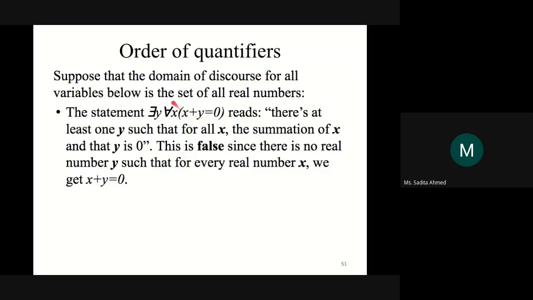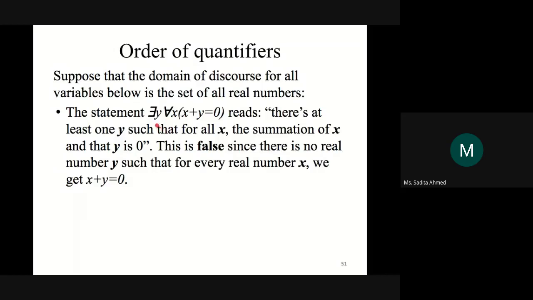However, here it says for all. Your example, x equals -1, is not going to be enough. Why? Because we have for all here. At least one y such that for that specific y, all x's will give you x plus y equal to 0. So this has to be true for all x.